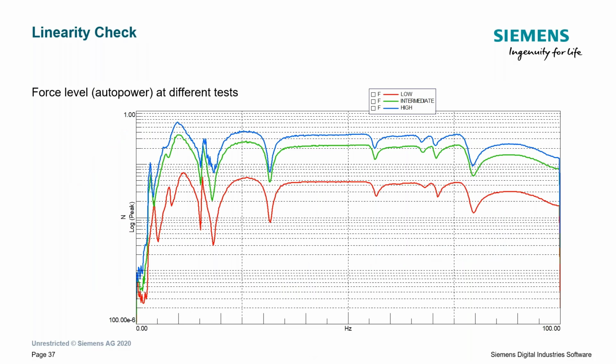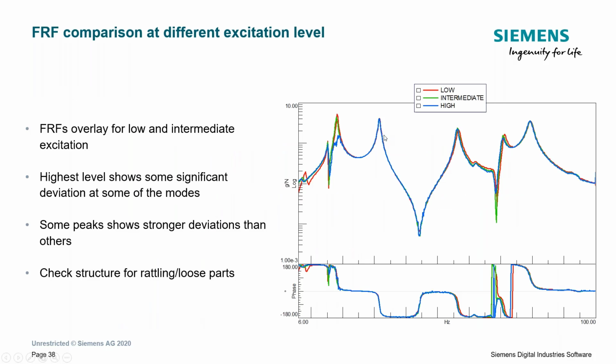Now there are sometimes, in this example, we've got 3 different force levels again, and the result here, if you look at the high, there's a little bit of a difference in this mode. And sometimes that might happen because I don't have things tightened down correctly, or my boundary conditions are a little off.